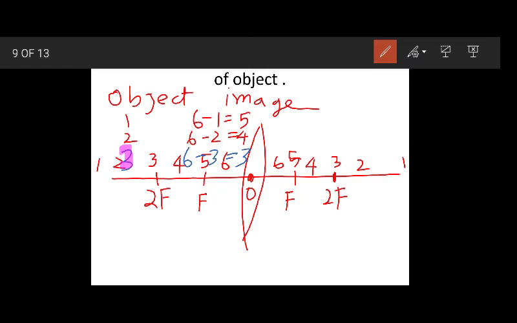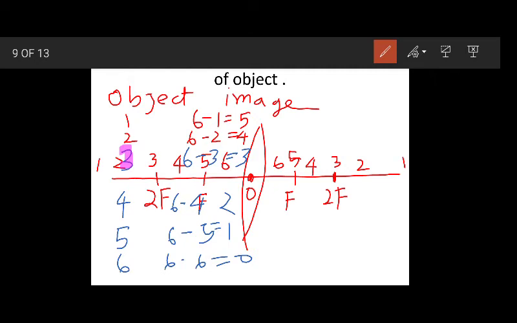If the object is situated at position 4, then the image will be formed at 6 minus 4, that is position 2. When the object is placed at position 5, the image will be formed at 6 minus 5, that is equal to 1 position, I mean at infinity. At 6, then 6 minus 6, that is 0, and 0 position is the optical center position.